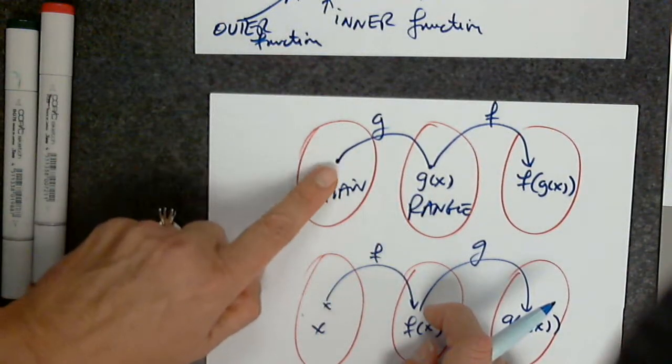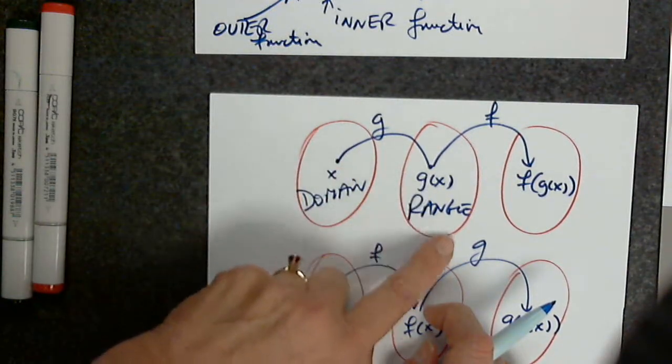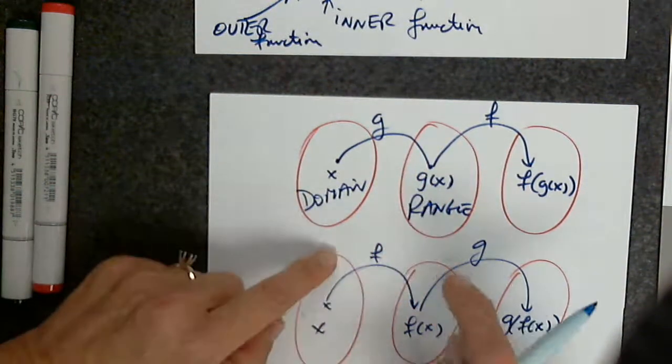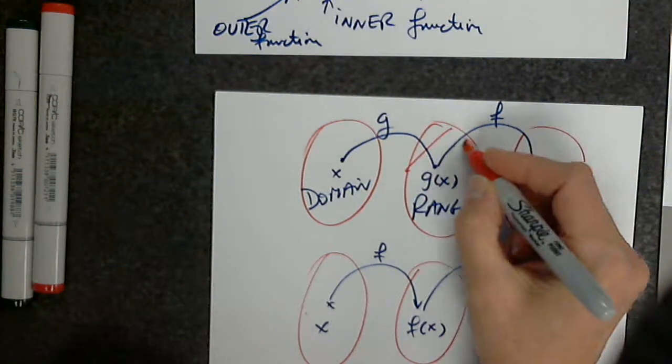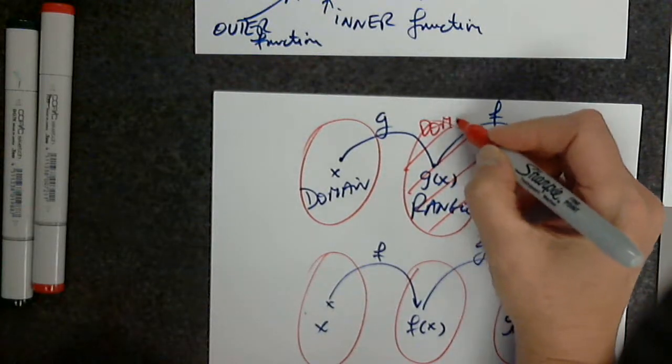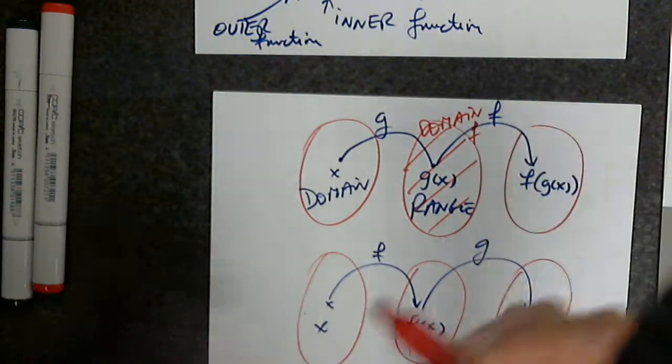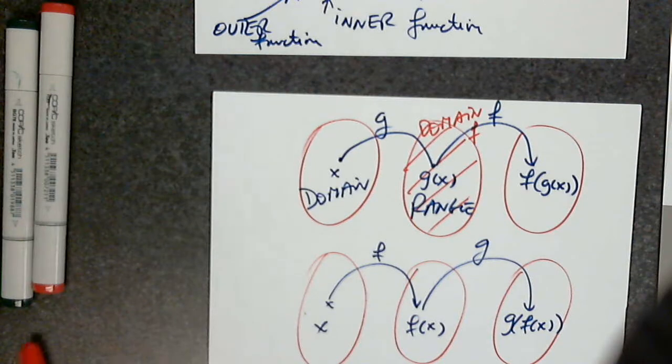So X is the domain of G, and G is the range, right? What is this set for F? Exactly. So this must also be the domain, but of F. What if they don't work well together? That's the potential problem, and I leave you with that thought in mind, and we'll take it from here.